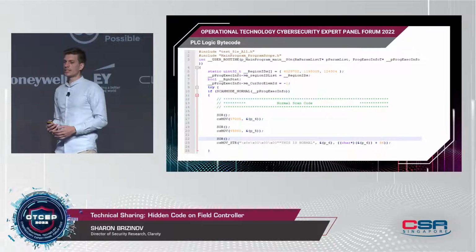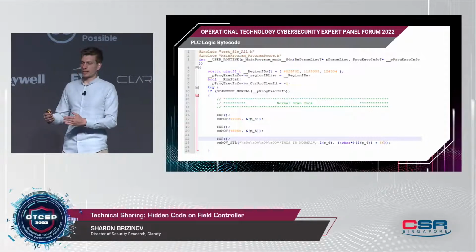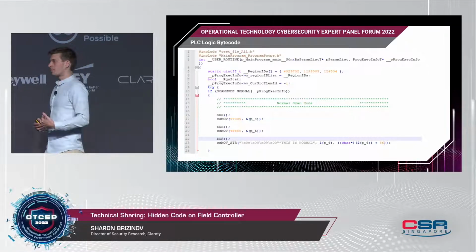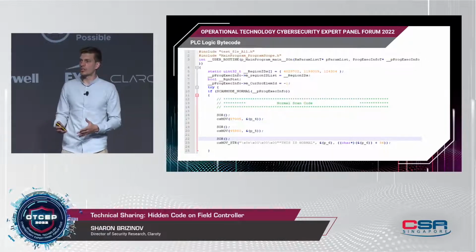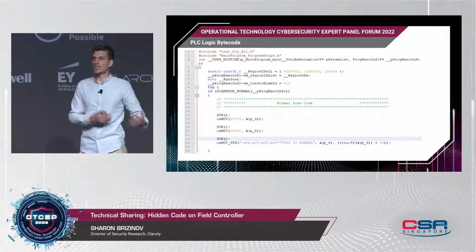So what you can see here is a step before the intermediate bytecode, kind of a step of how the computer or the engineering station is representing the ladder diagram.